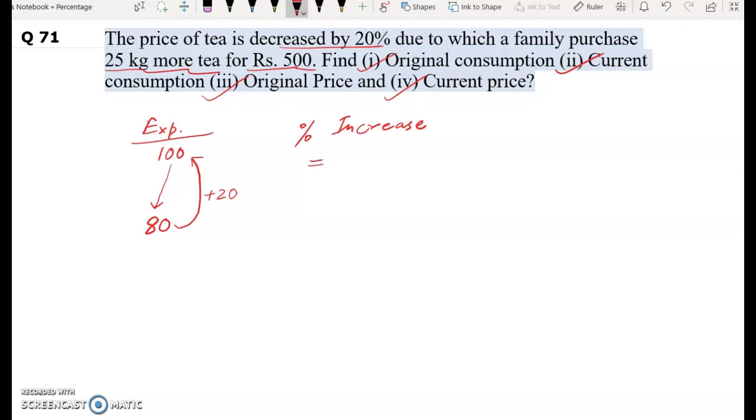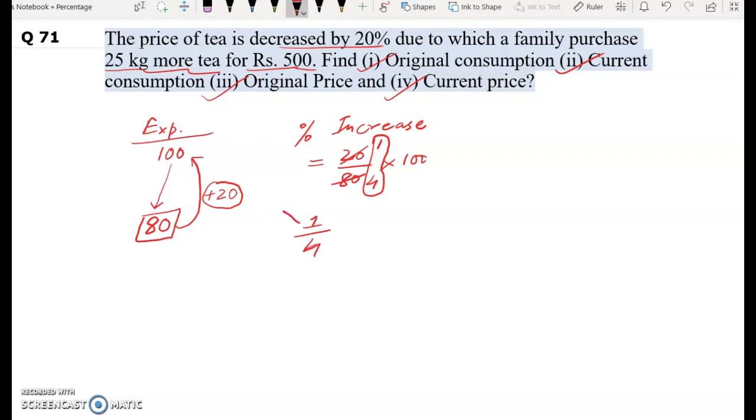So percentage increase is equal to, increase is how much? 20. 20 increased on 80 into 100. 20 into 1, 20 into 4. Now this is in fraction, 1 by 4, and 1 by 4 we know it's 25%. But what we will do here, we will use this in fraction, 1 upon 4.